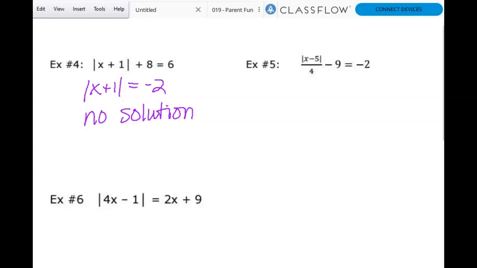I have to isolate the absolute value of x minus 5, so what do I do first? Add what? Add 9. So if I add 9, then I'm dividing by 4. So how do we undo dividing? So I'm going to multiply both sides times 4.